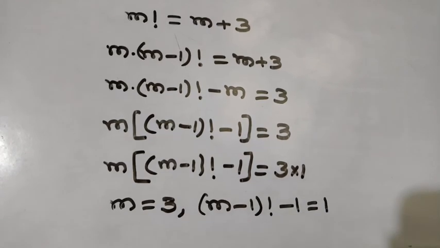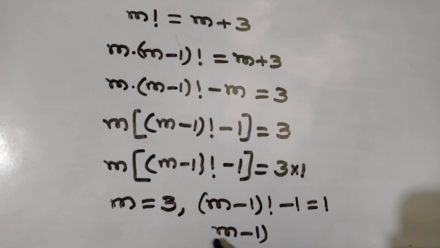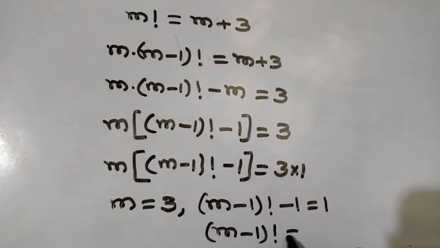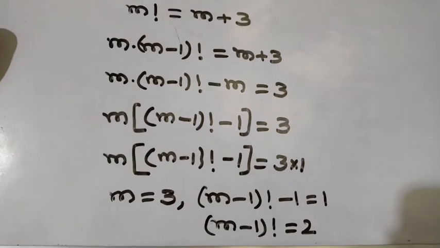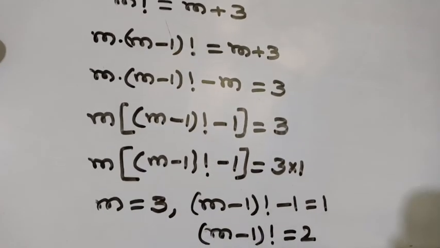That I have to check. For this, (m − 1)! is equal to 1 plus 1, 2, and we know that 2! is 2.